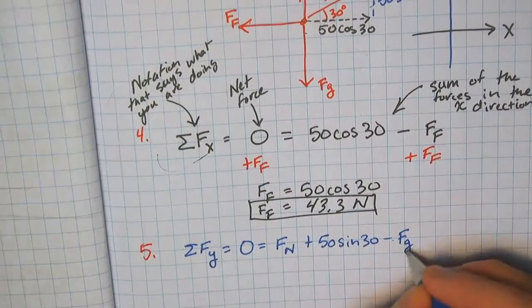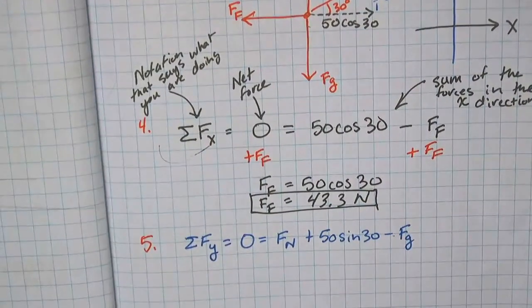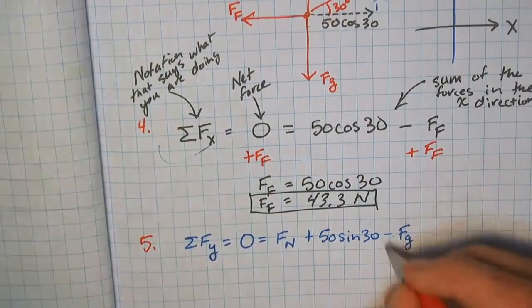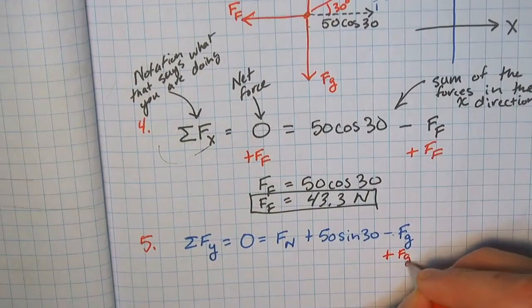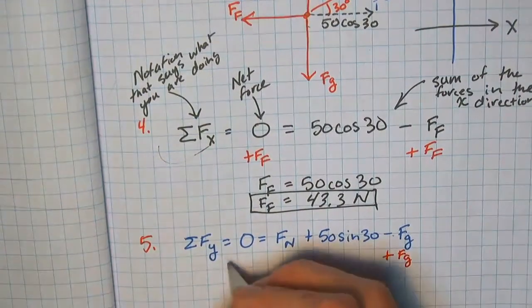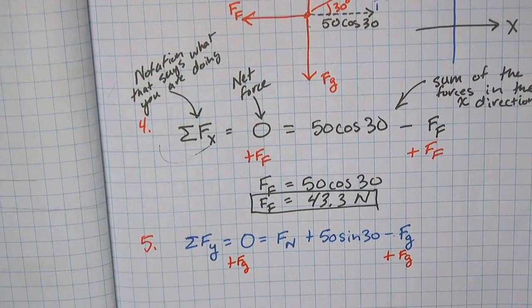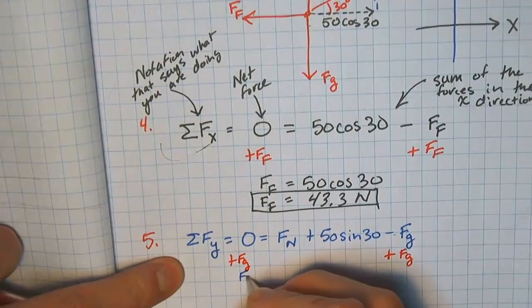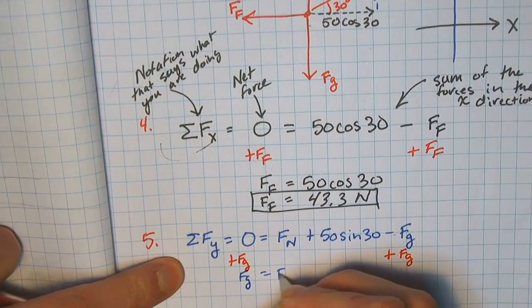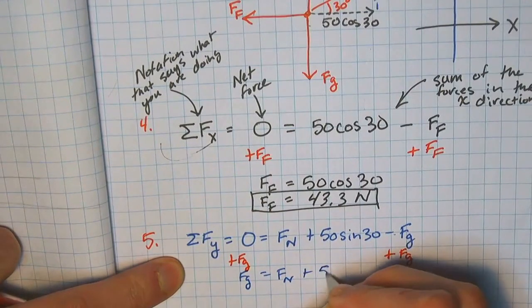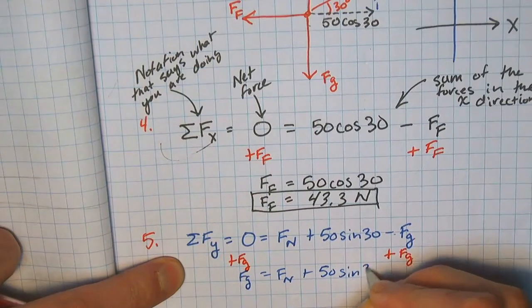So we're going to go ahead and move the force of gravity over to this side. So that's going to give us force of gravity is equal to normal force plus 50 sine 30.